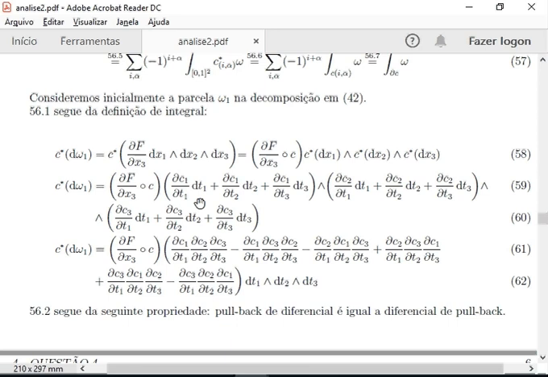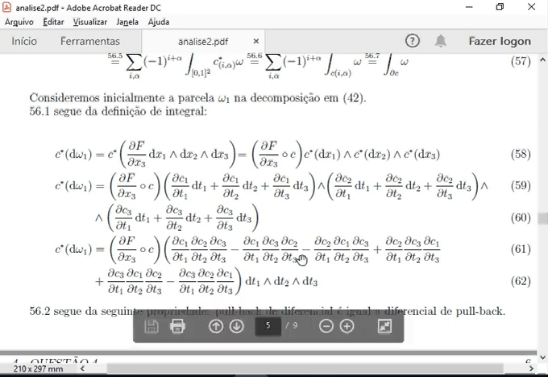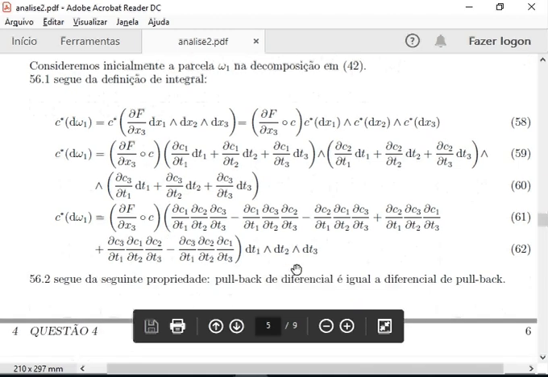C1, C2, C3 with the permutations 1,2,3; 1,3,2; 2,1,3; 2,3,1; 3,1,2; 3,2,1. There are 6 summands, which give DT1, DT2, DT3, because the others will be reduced to 0.